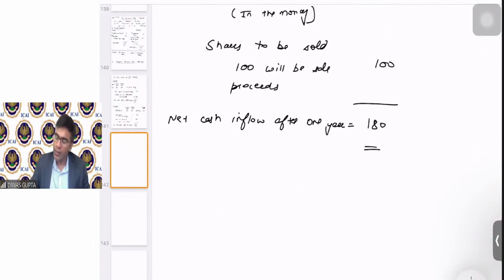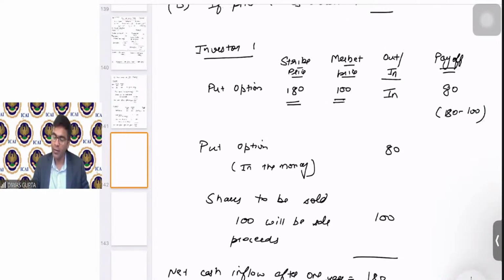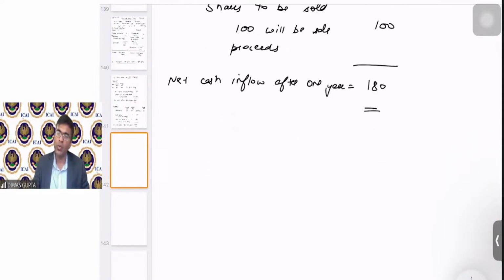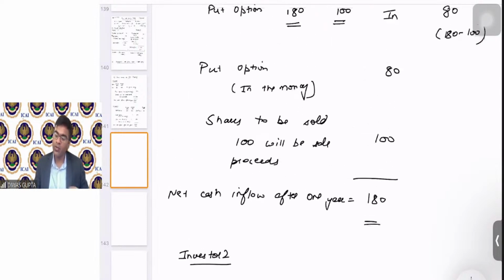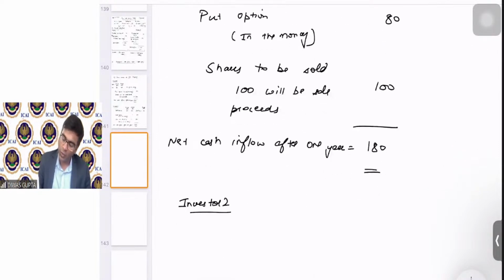Now, if net cash inflow after 1 year is 180 for investor one, now let's go to investor two, students. For investor two also, we will analyze if the price goes to 100. Now, for investor two, he was holding call option.